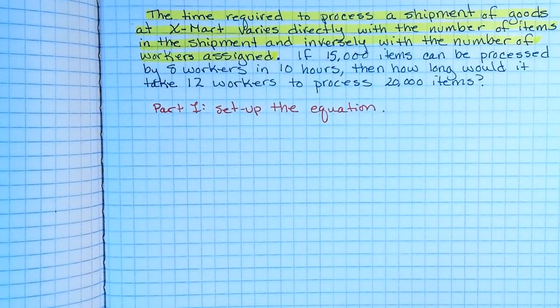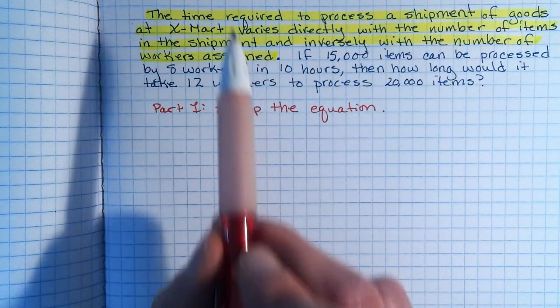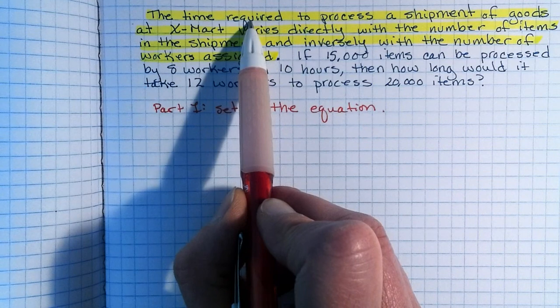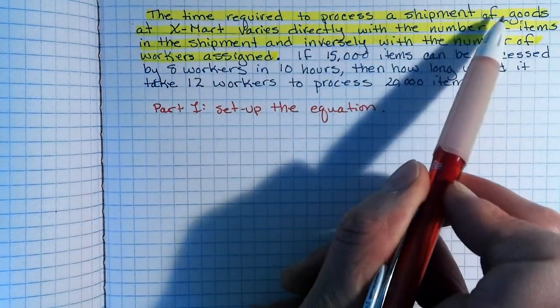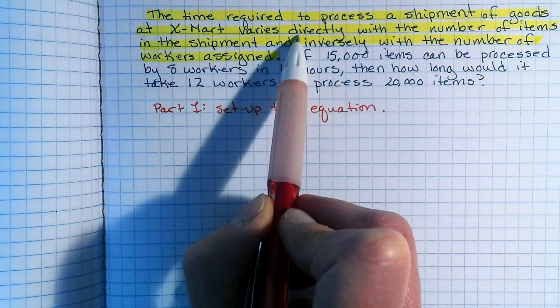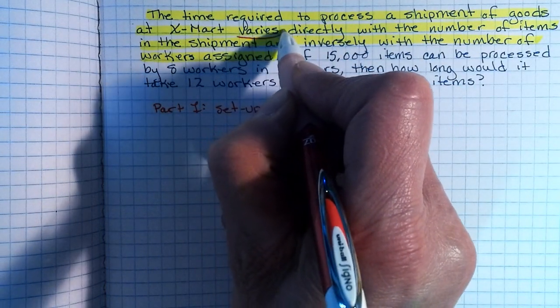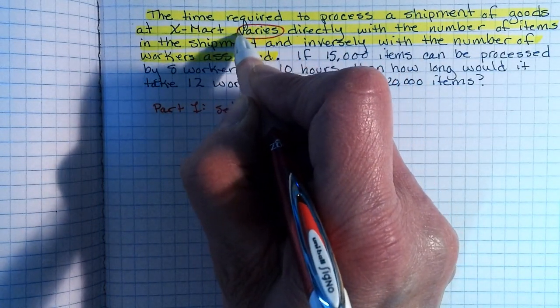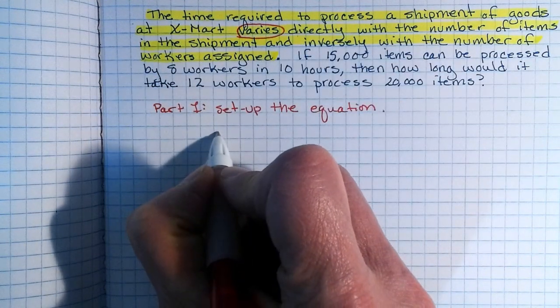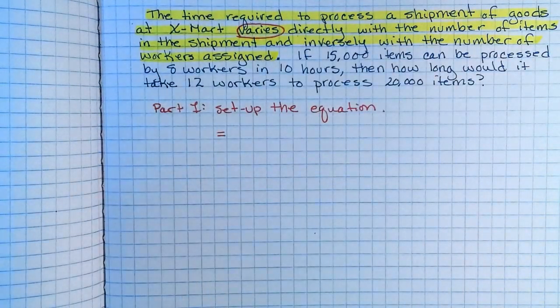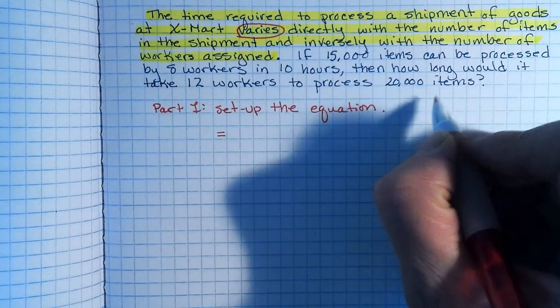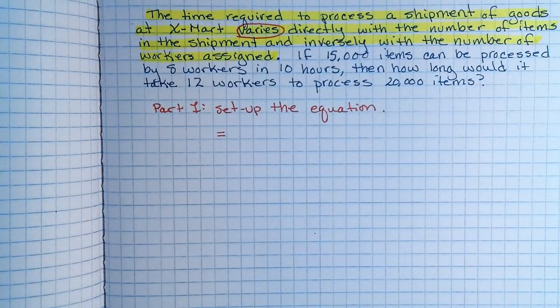Let's see, what variables do we have? The time required to process a shipment of goods at Xmart varies directly. Whenever I see the word varies, I think equals. I'm going to use a different color pen.